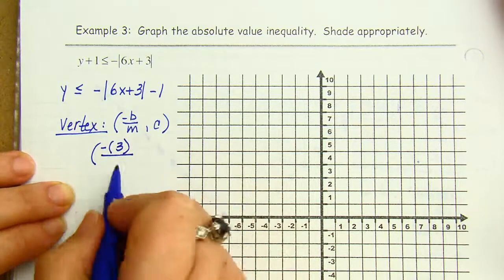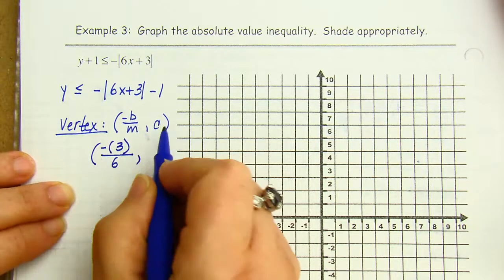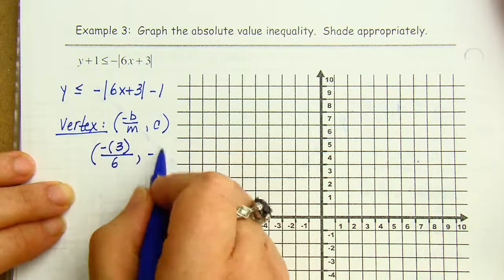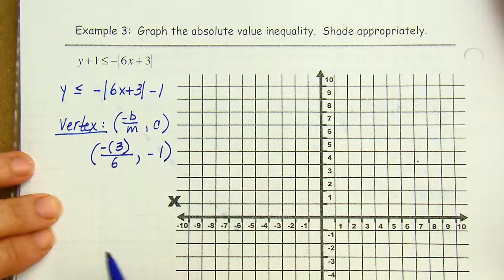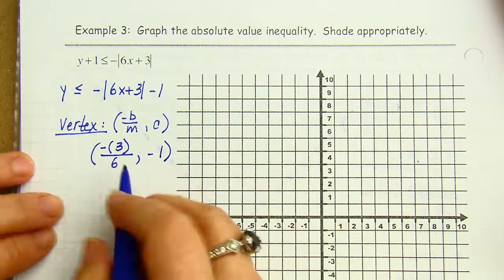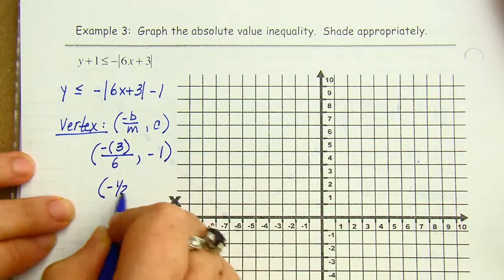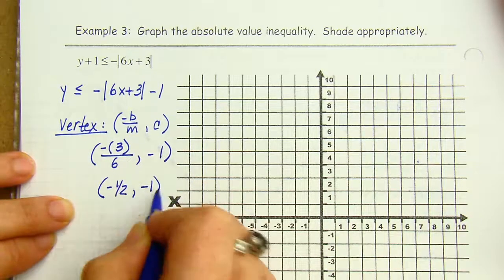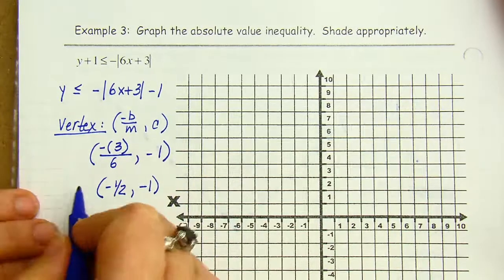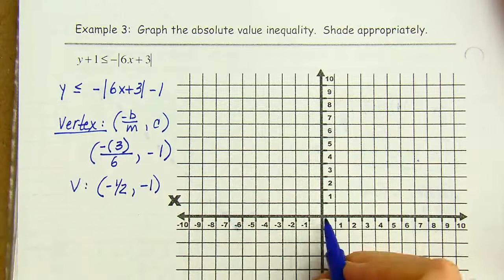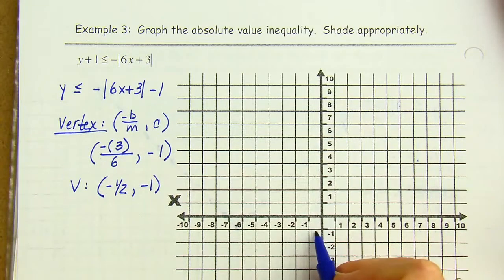M is 6. What's c? C is negative 1. And so my vertex here, I have to simplify this. This is negative 1/2, comma, negative 1. And that's my vertex. So I'm going to go to where x is negative 1/2 and where y is negative 1. And I'm going to put a point right there.